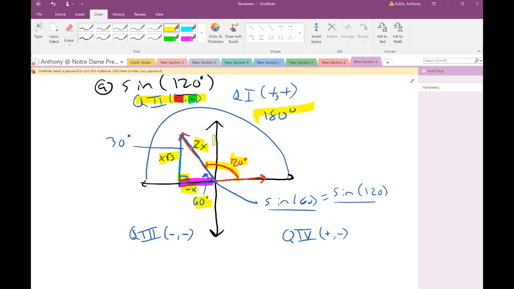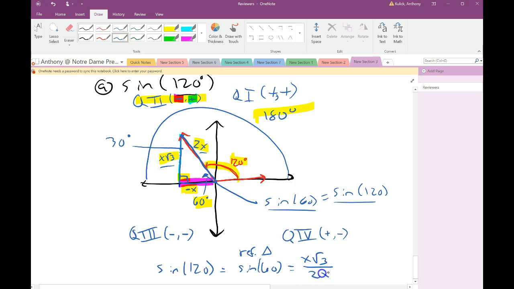So I can just now evaluate sine inside this little right triangle, and it's going to give me the correct answer for the sine of the 120. So using that reference triangle, I can just do opposite over hypotenuse. And I get square root of 3 over 2. Okay with this idea?